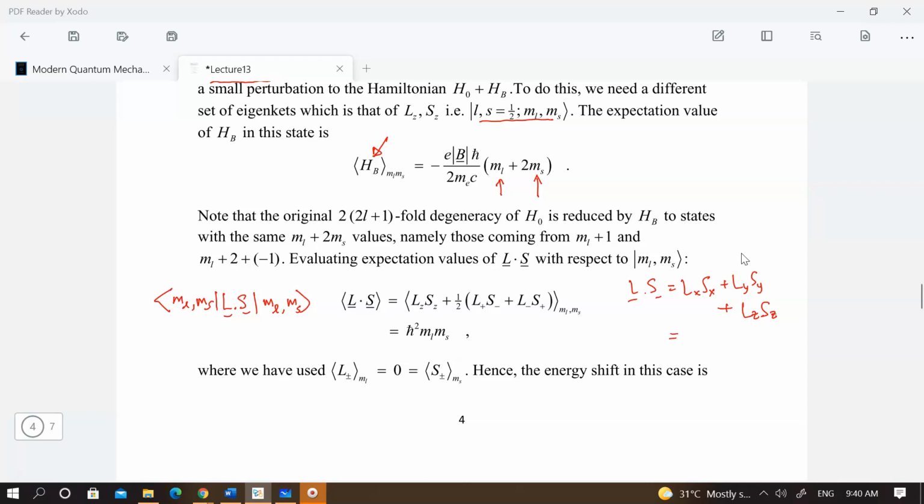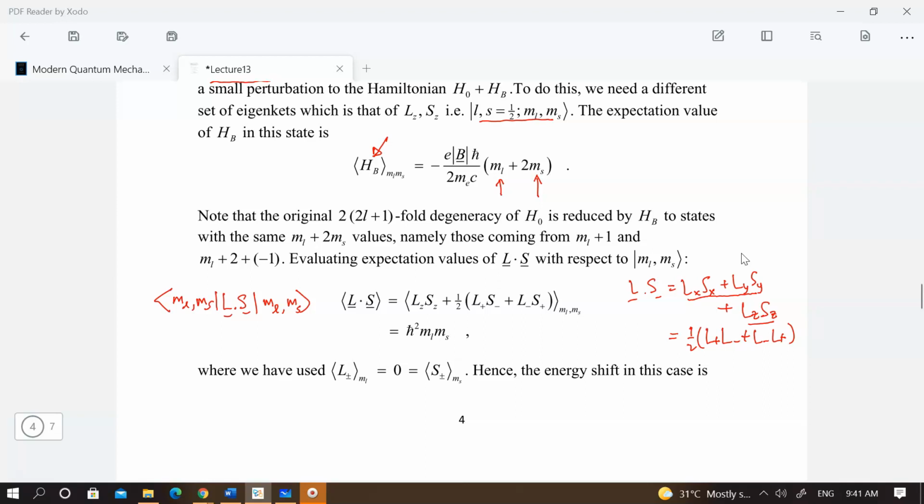But you can rewrite this as half of L plus S minus plus L minus S plus to get these two terms, and then you just leave your LZ and SZ, which when they act on these eigenkets, you know what the value is supposed to be.